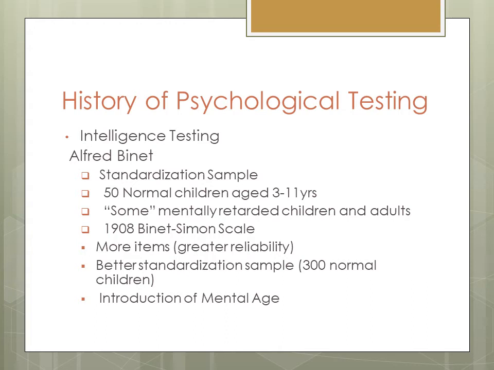That's why in 1908 he created another test with Simon that has consistency, that is reliable, and has a great norm, that is 300 normal children. And with this, he was able to identify the concept of mental age.